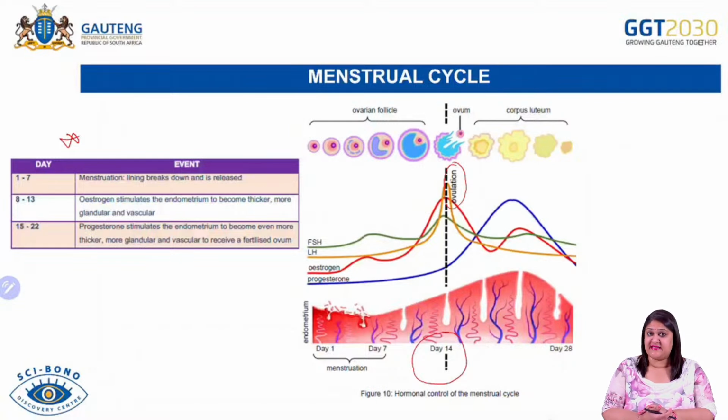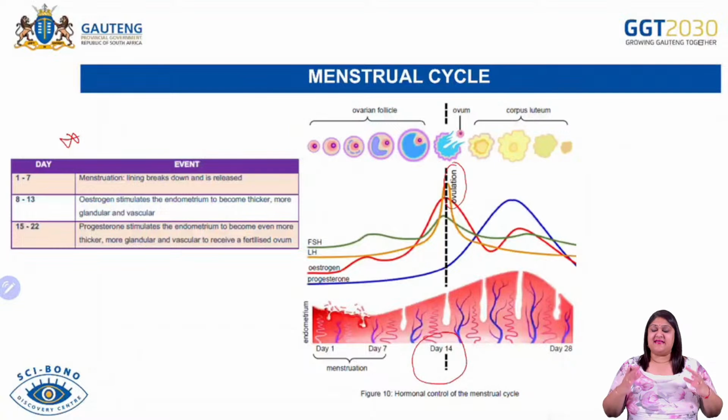But in the absence of fertilization, the ovum is going to be expelled during menstruation because the ovum is not fertilized.